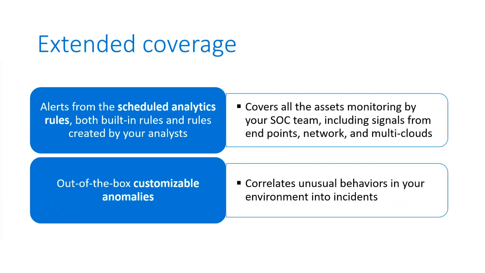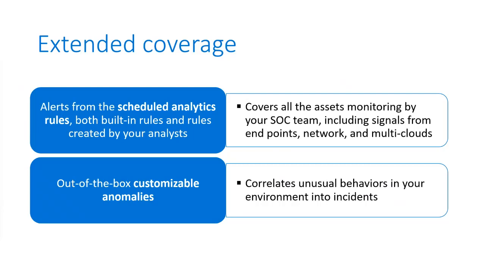The other new source signal Fusion can now leverage is the customizable anomalies. The customizable anomalies are also ML-based. They can adapt to new behavior patterns in your environment. We know attackers are always finding ways to sneak in, changing their tactics and techniques. However, any attack will still result in unusual behavior in the systems being attacked. There will be traces.